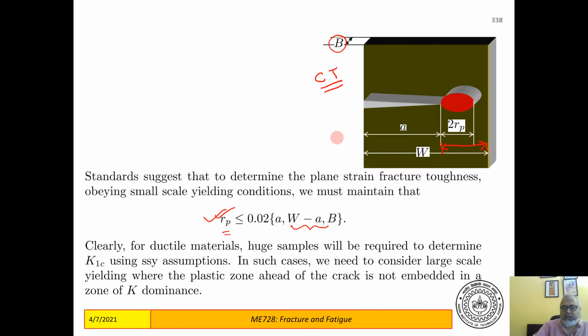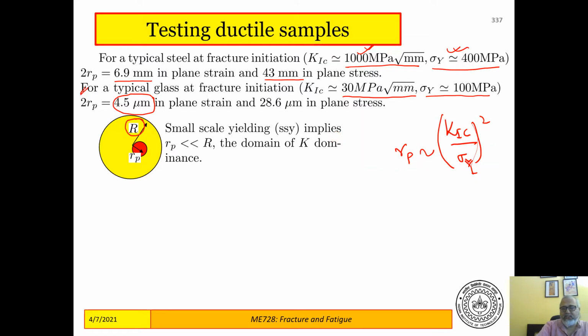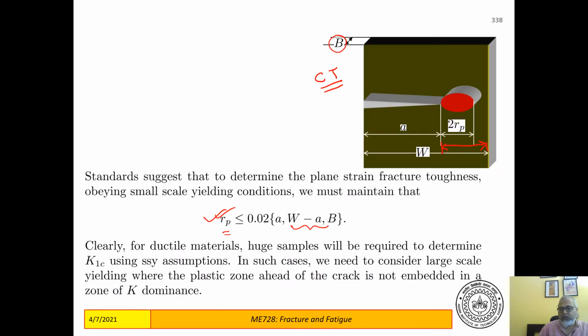For example, if you have a plastic zone size of 43 millimeters, you would need a sample which has a crack length of the order of meters. So you will have to deal with a huge sample which will be difficult to handle, difficult to load in a machine, extremely heavy. So you cannot possibly enforce the small scale yielding assumptions in these kinds of materials.